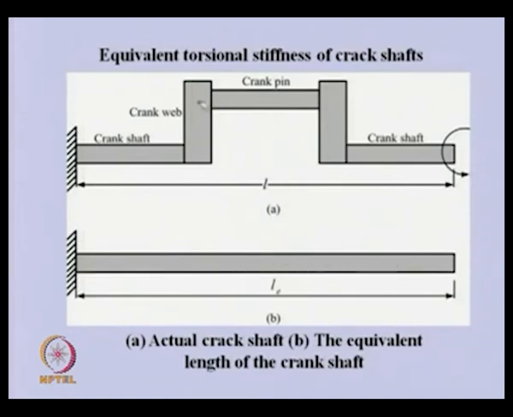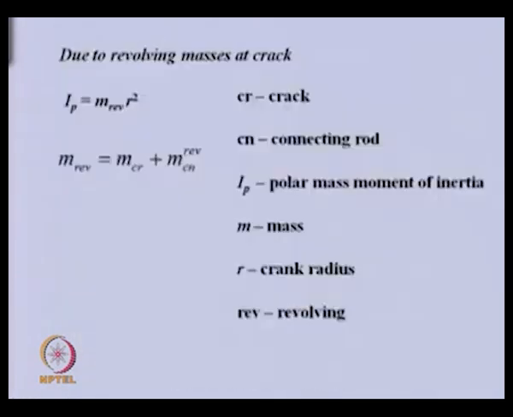Or using finite element packages we can model this and obtain the torsional stiffness, and then get the equivalent uniform shaft out of that. So, we can convert the whole reciprocating engine system to a uniform shaft system like this.